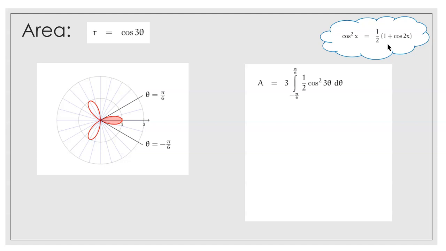So I'm going to plug that in. Now, I took the 1/2 out and the 1/2 from my formula to get a 4, because I don't like all those nasty fractions in there. So integrating this, we get theta plus sine of 6 theta over 6. We're taking it from negative pi over 6 to pi over 6, which, when you simplify it, is pi over 4. I'm not going to crunch all that out. You know how to do integrals.